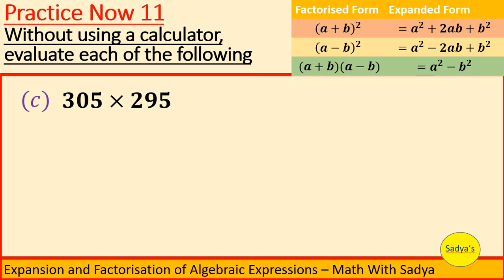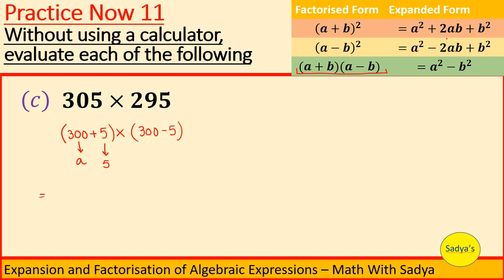Let's try another question. We have 305 into 295. We can write 305 as 300 plus 5, and we can write 295 as 300 minus 5. If we compare the expression with the three identities, we can see we have the factorized form of the third identity. Here a is 300 and b is 5.